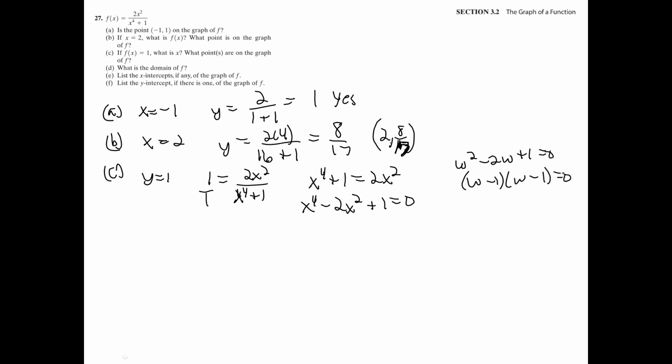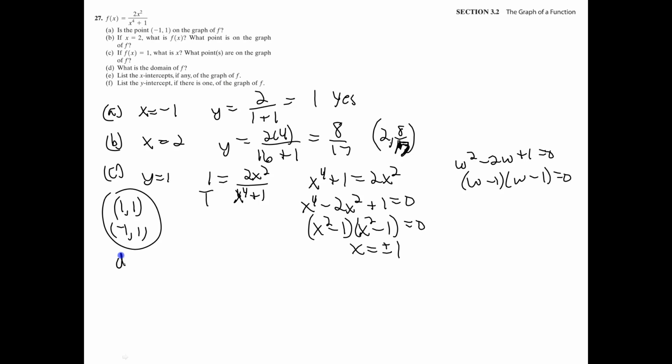That's what we have here. We have x squared minus 1 and x squared minus 1. And so x is plus or minus 1. So the points on the graph would be 1, 1, and minus 1, 1.